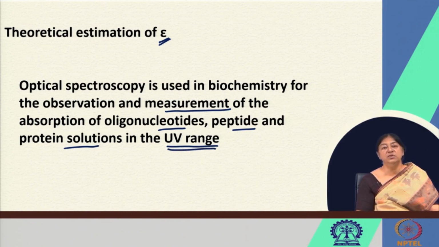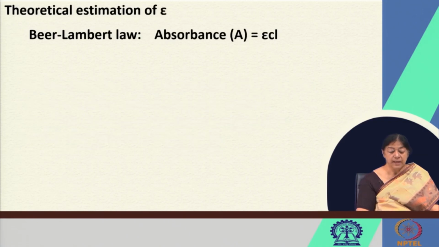Why do they fall in the UV range? Because all the transitions that we observe, the n to pi star and the pi to pi star, which are the most common ones, have energy differences that fall in the UV range for the wavelengths that we observe.